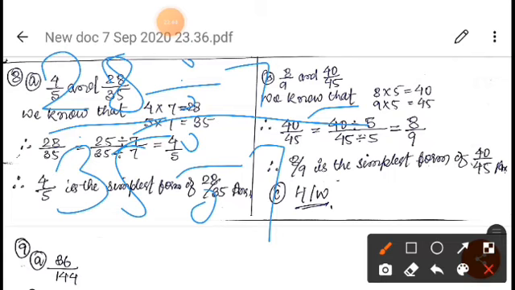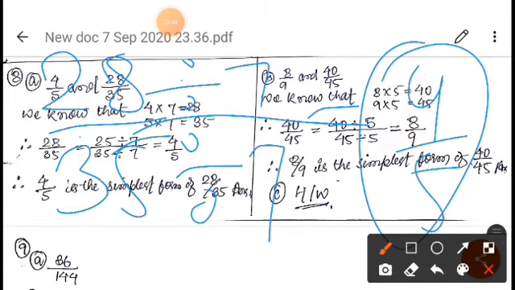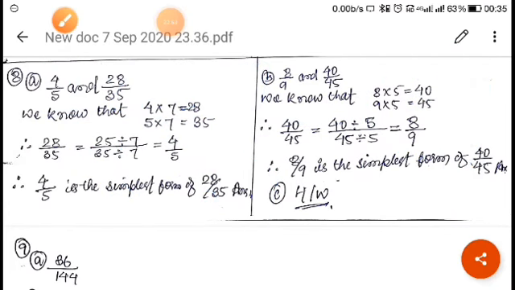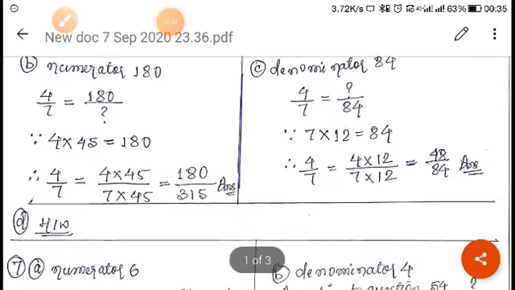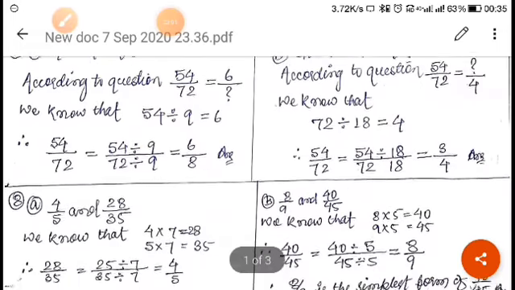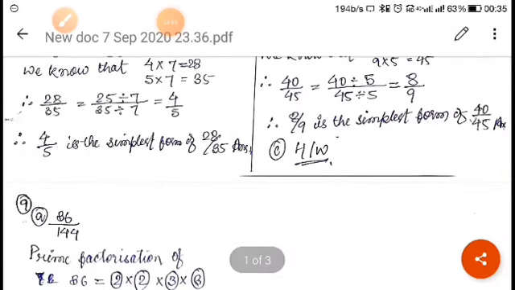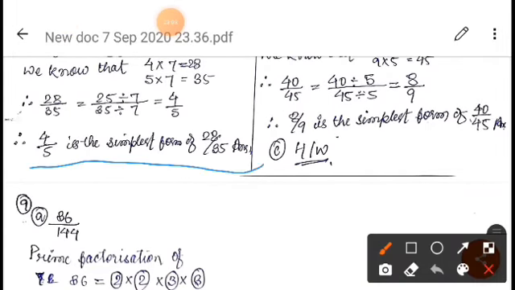When we divide with 7, we get 4 by 5, which is the same as in the question. So we can say that this 4 by 5 is the simplest form of 28 by 35.